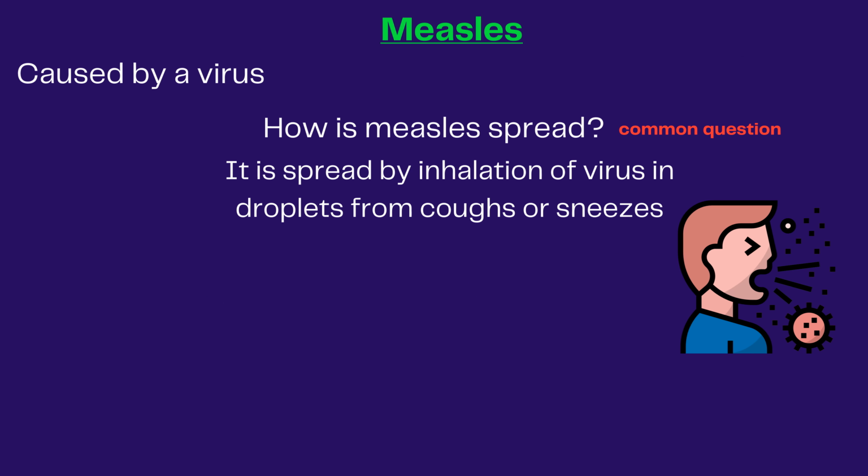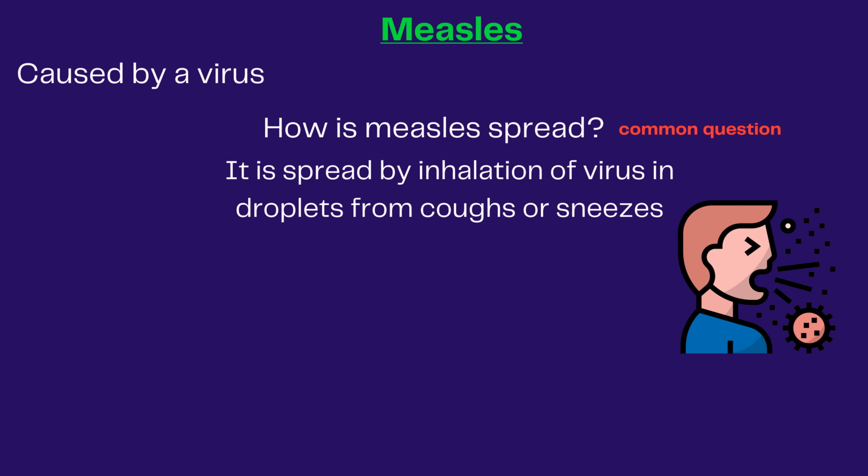All right, so let us now go on to talk about measles. First of all, measles is caused by a virus, and there is a common exam question, usually valuing 2 marks. How is measles spread? So 1, it is spread by inhalation of virus in droplets from coughs or sneezes.